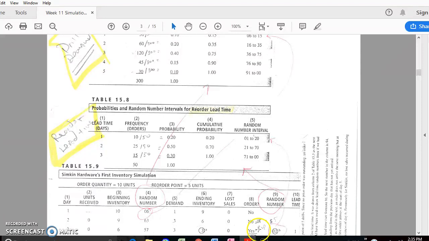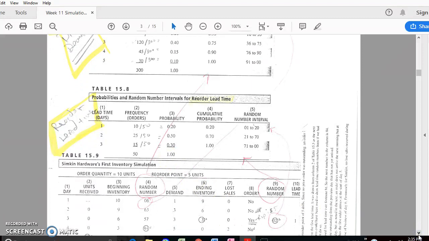And so we pull a random number, and our random number is 2. We now go to our reorder lead time. 2 is between 1 and 20. So it takes 1 day for lead time. And then we just go down to day 4. And we include that, of course.